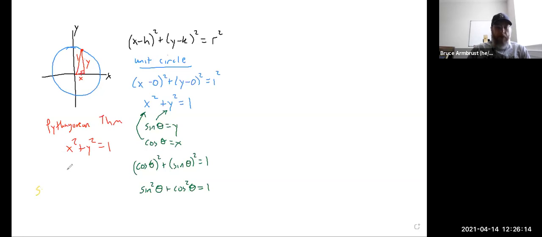So for example, if we had sine of theta to the 4th, mathematicians will write that by bringing the exponent in so that it's between the trig function and the angle.